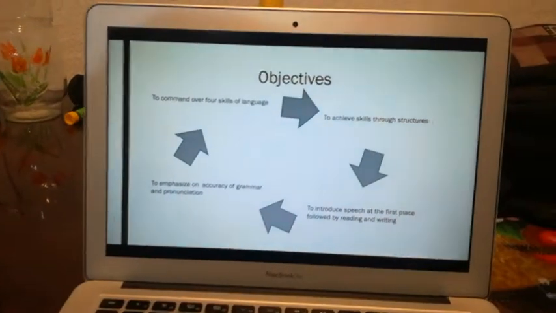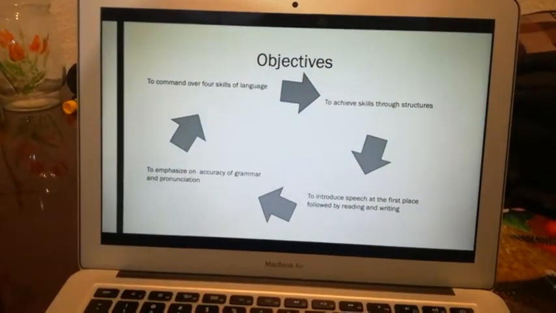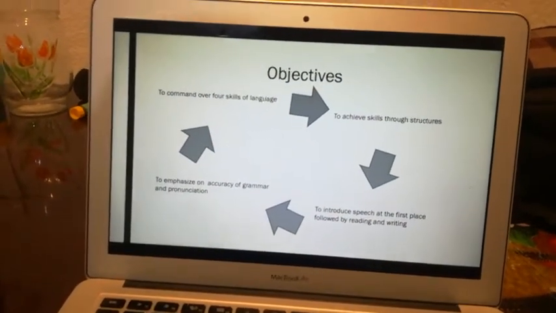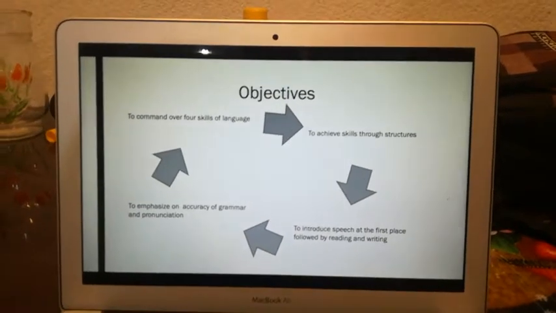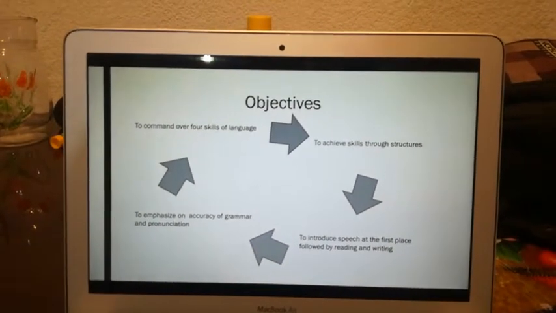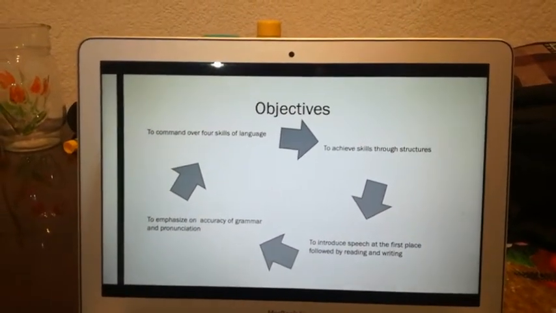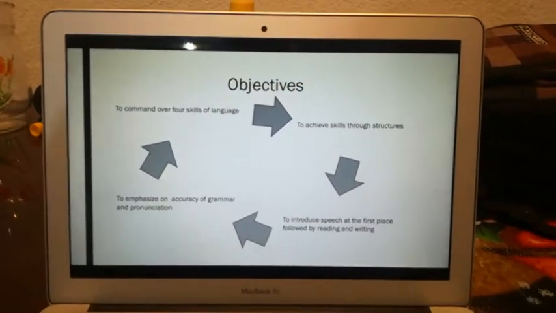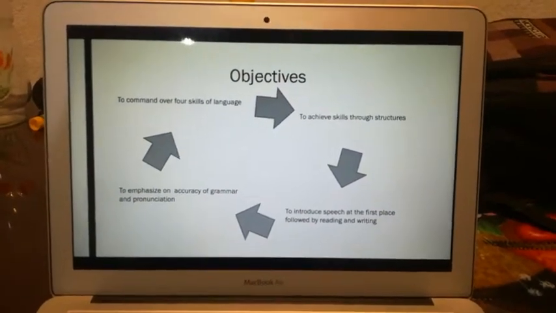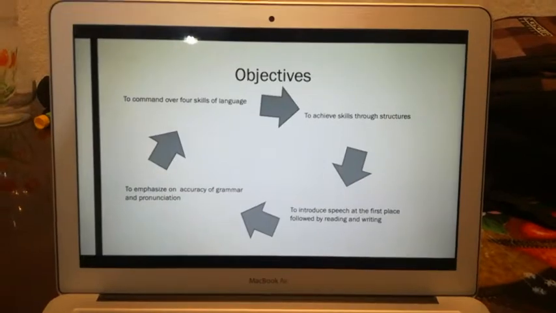Then we have the objectives. The first one says to command the four skills of language. As you remember, the four skills of English are speaking, listening, reading, and writing.